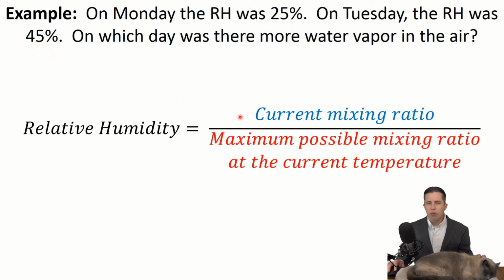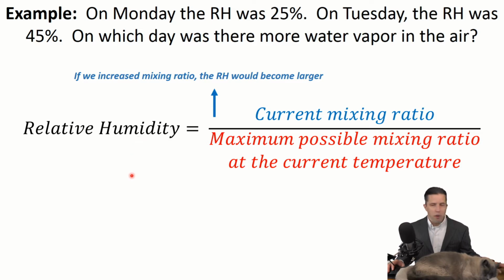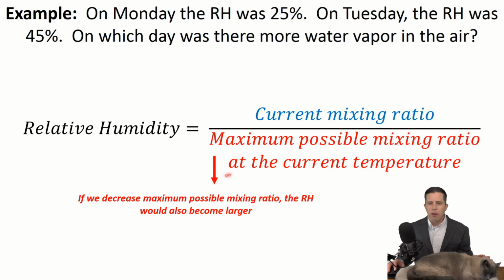Could we increase the relative humidity by increasing the numerator of this fraction? So yes, if we increase the mixing ratio, then that would make the relative humidity go up. So that could be a possibility. But we could also make that number bigger if we're dividing by a smaller number.